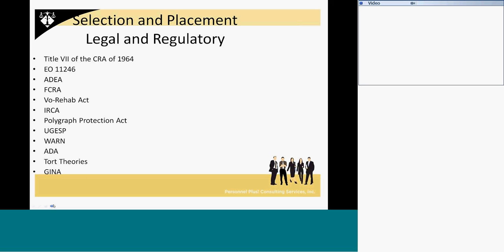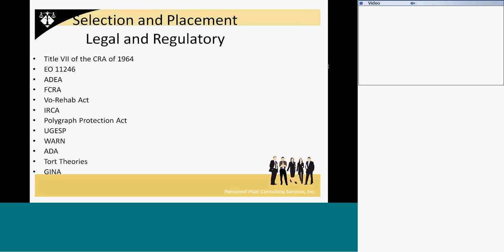And you might get asked on the test about one of the hallmark decisions made by the U.S. Supreme Court with regard to Title VII, a case known as Griggs versus Duke Power Company. That case was a situation where an employer had an educational attainment requirement for employment.